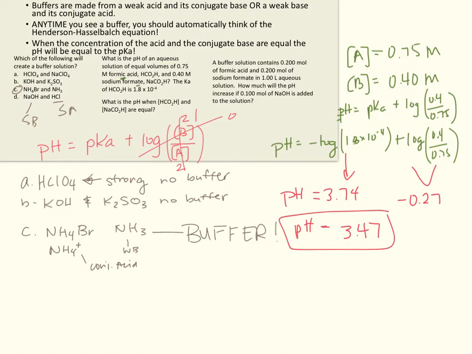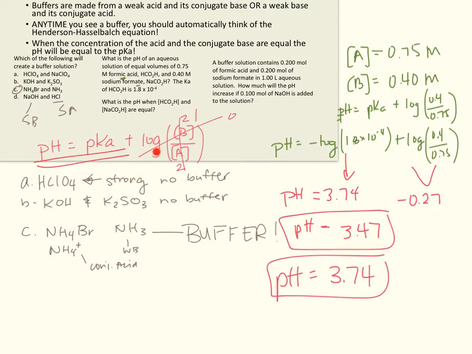What is the pH when HCO2H and NaCO2H are equal? So when formic acid and sodium formate are the same, we have this situation, and so the pH would be equal to 3.74. It would be equal to the pKa, because this part of the equation would be equal to 0.